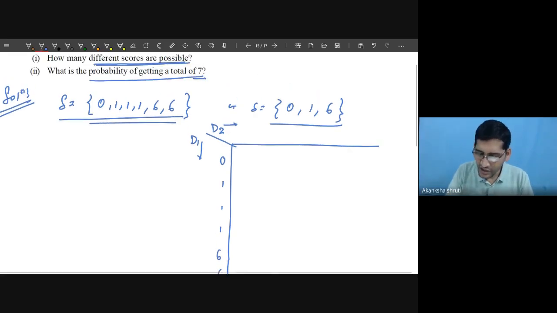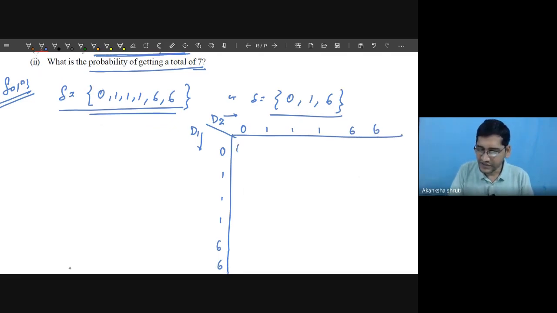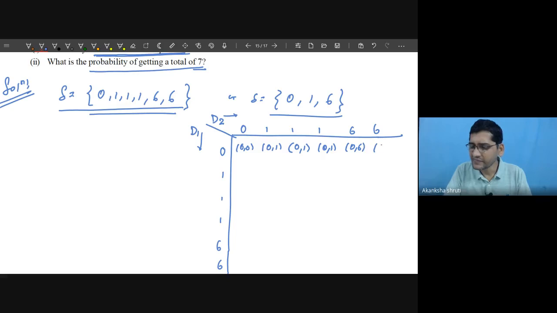For this 0, on die 2, I can have 0 or 1 or 1 or the third 1 or 6 or the other 6. So it can be 0 0, 0 1, 0 1, 0 1, 0 6, 0 6.